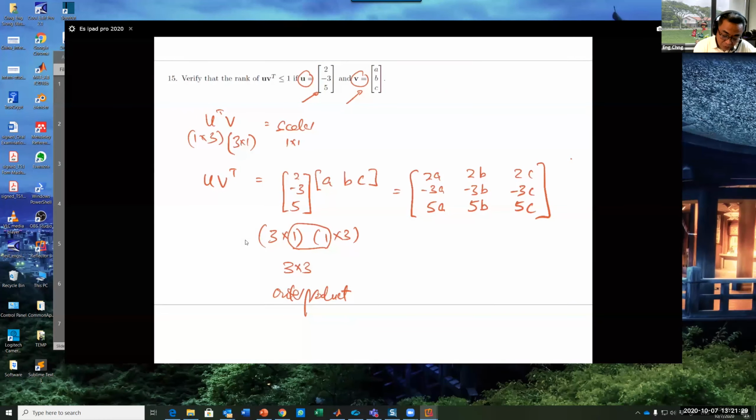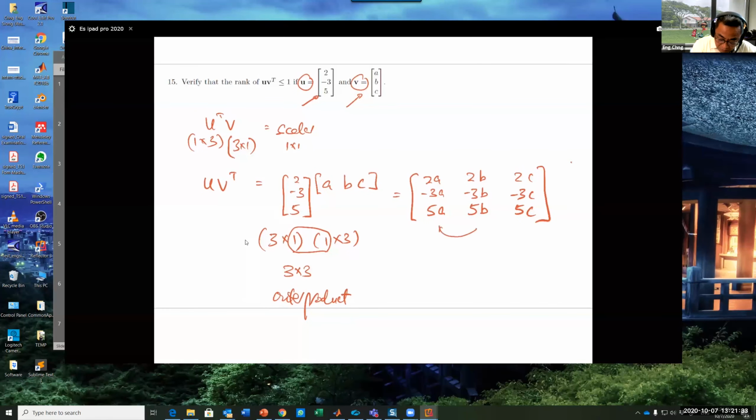Now, what you will also realize is that once you have fixed a and b, isn't this dependent? Everything is dependent. The first column, second column, and third column are scalar multiples of each other. So is the row, right? Once you have fixed a, b, c, then the first row, second row and third row are also scalar multiples of each other. Therefore, immediately you will say that this is a rank 1 matrix.